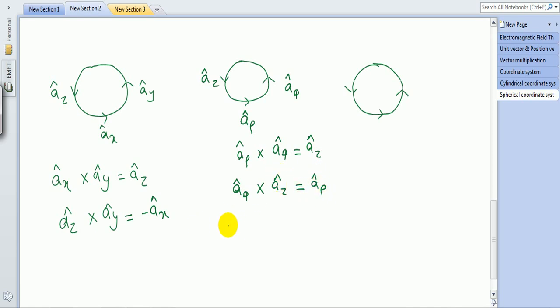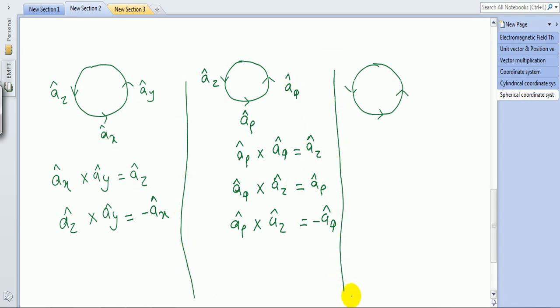If I do the opposite, suppose I am doing a rho cap cross az cap, I am moving anti-clockwise, I will get minus a phi cap. So we have to move in the anti-clockwise direction to get the positive unit vector, and if we go in the clockwise direction, we will get a negative unit vector.